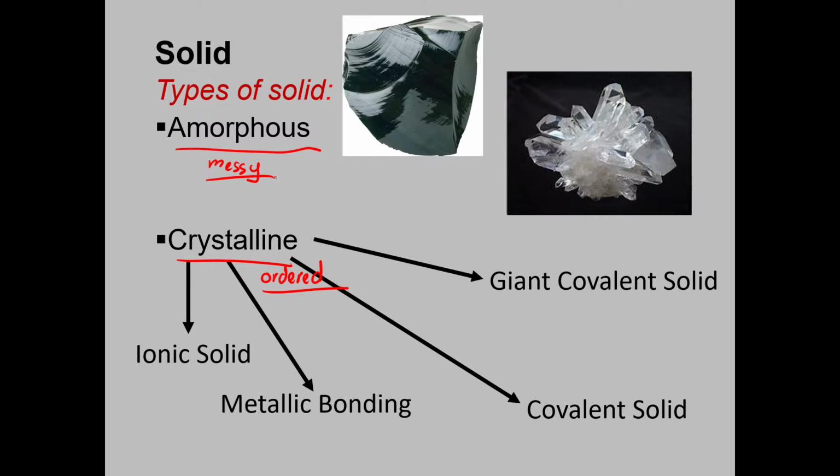Amorphous maksudnya those molecules are randomly sorted. Dah macam telur katak. Basically, you ada kotak, you ada bola tenis, you just campakkan all the bola tenis in the kotak. This is amorphous solid, right? But crystalline, on the other hand, is ordered.